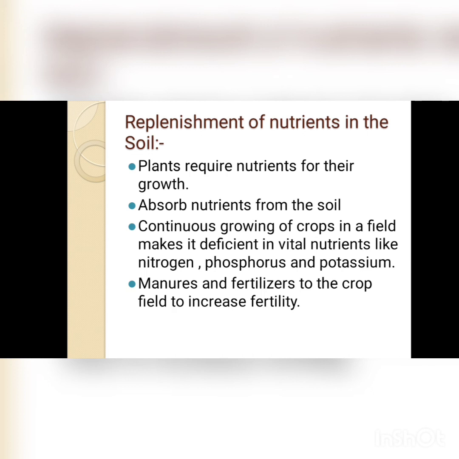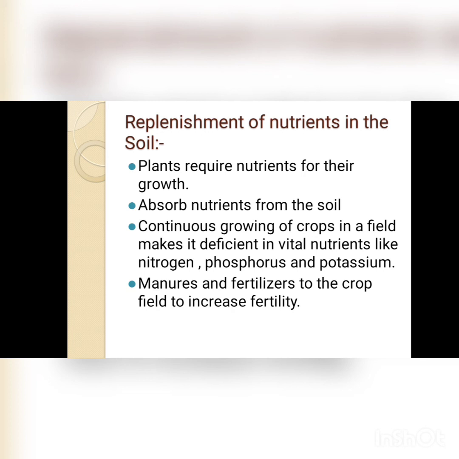How do they get their nutrients? They absorb the nutrients from the soil. Clear? But when you continue to grow crops on the same field, that field becomes deficient in some nutrients like nitrogen, phosphorus and potassium.